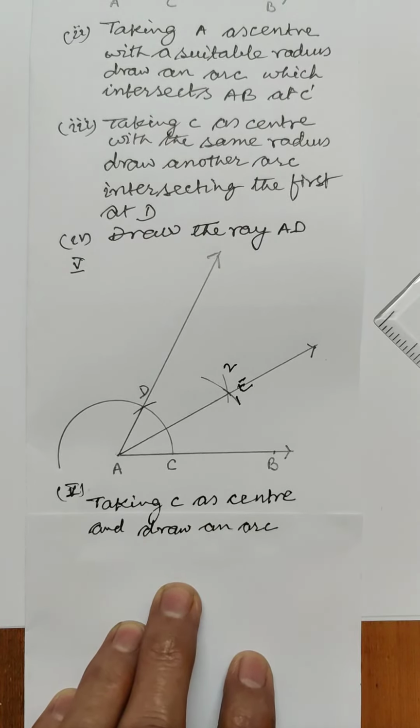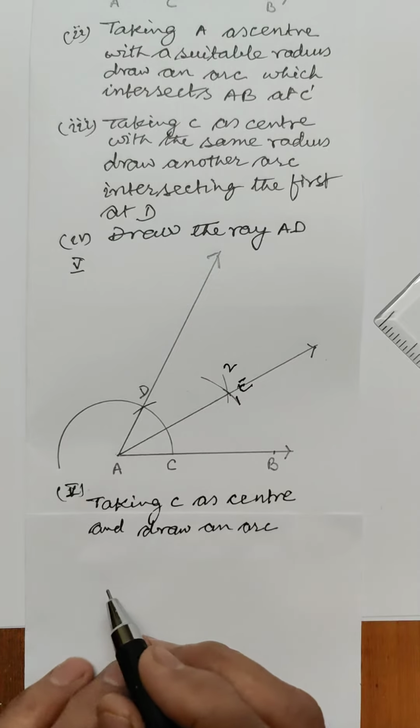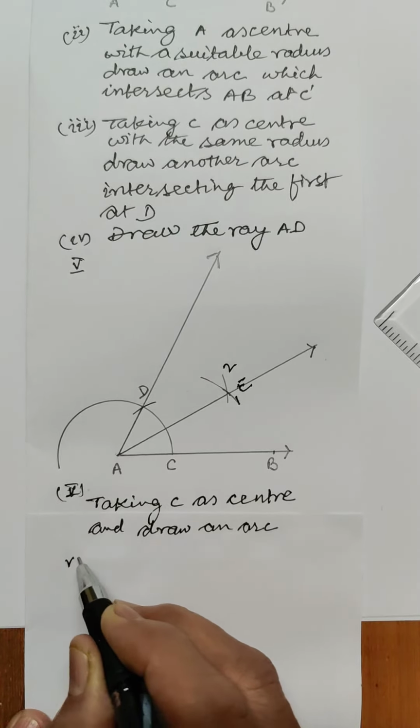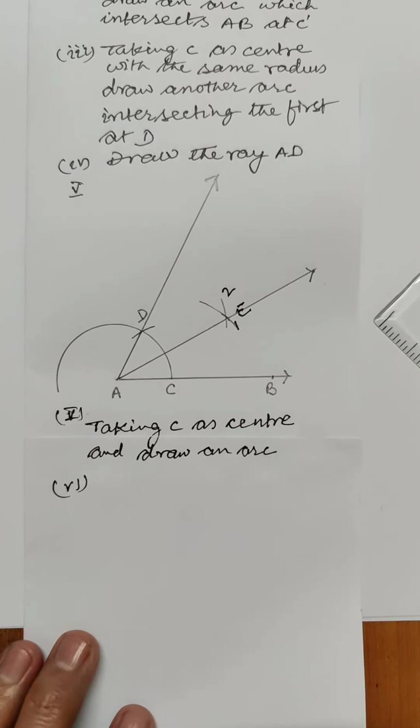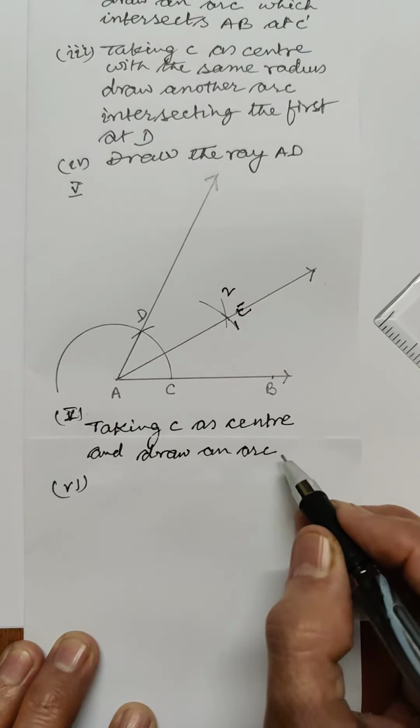So, the sixth point was that taking D as center, draw arc number 1.